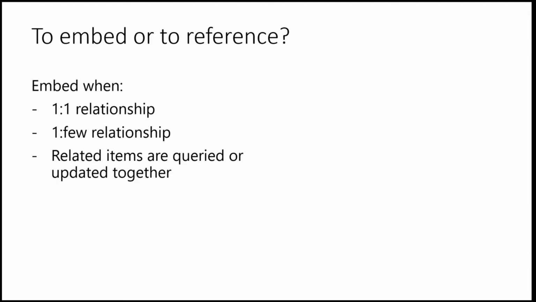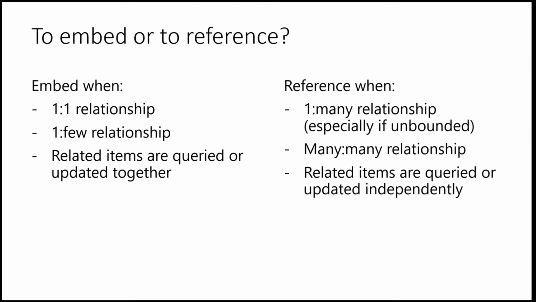So here's a quick reference on when to embed or reference, right? Embed if it's a one-to-one relationship between those fields, or if it's a one-to-few relationship, or if the related items are queried or updated together. And you need to reference if it is a one-to-many relationship, especially if it is unbounded.